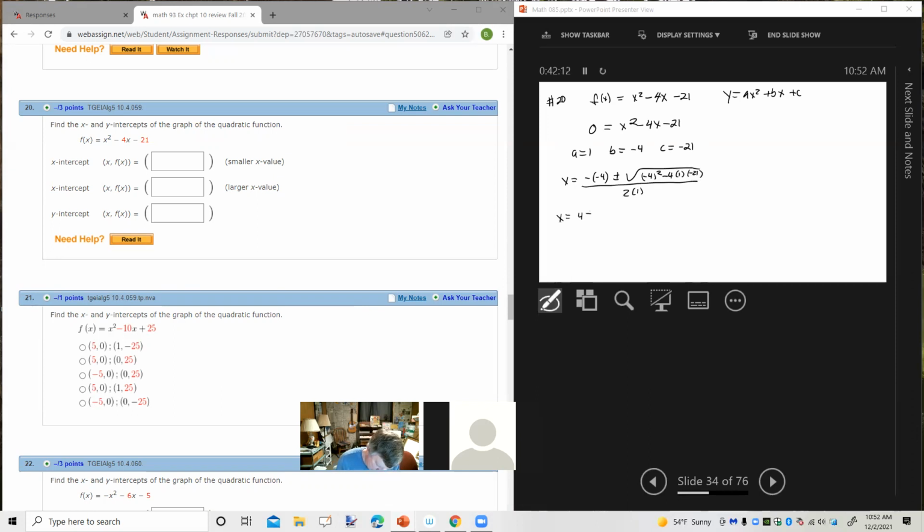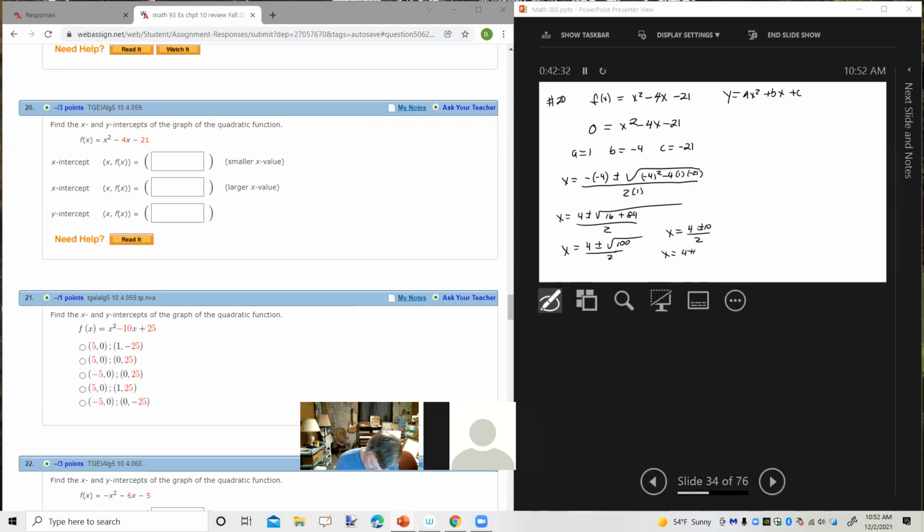X equals 4 plus or minus the square root of 16 plus 84 all over 2. X equals 4 plus or minus the square root of 100 all over 2. The square root of 100 is 10, all over 2.